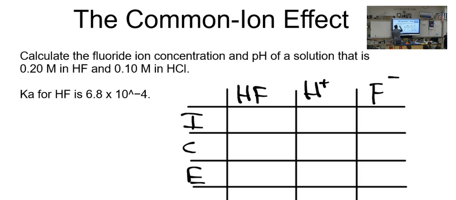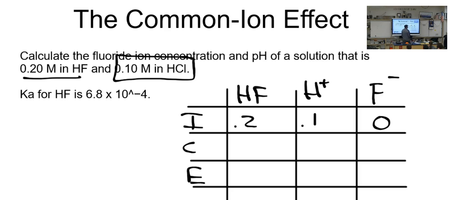So our initial of HF is 0.2, and H plus, HCl is a strong acid, so it's completely dissociated, which means I have 0.1. And then F, initially I have 0. So that's so far the only thing that's a little bit different, and it's really not that bad.